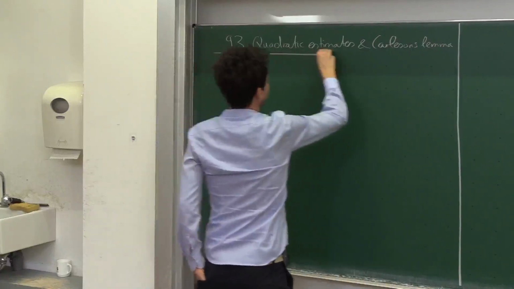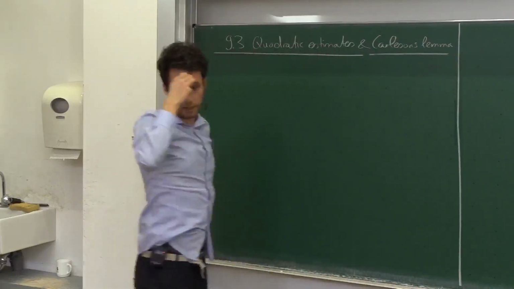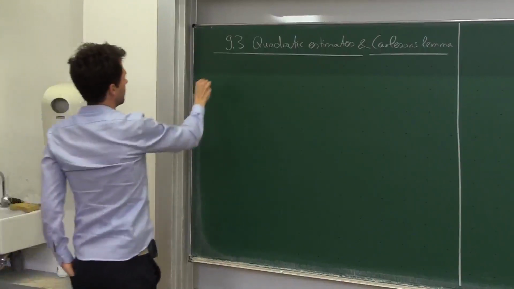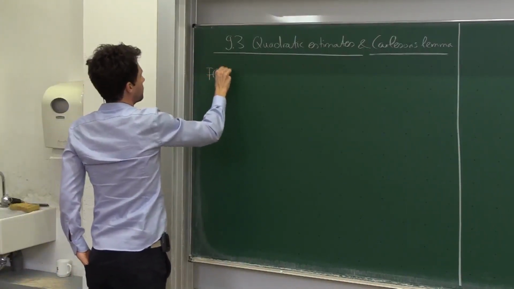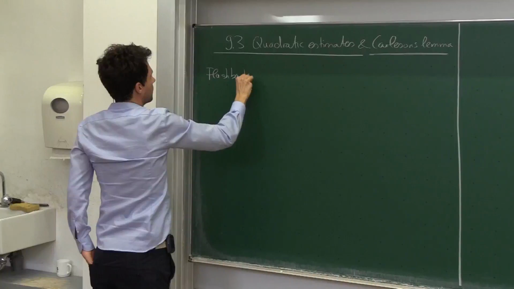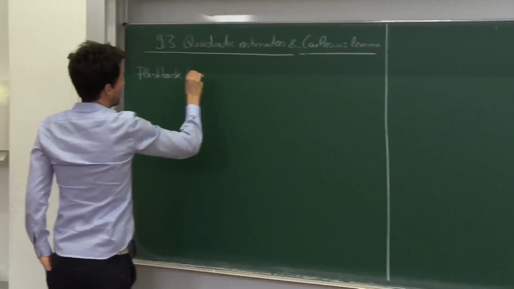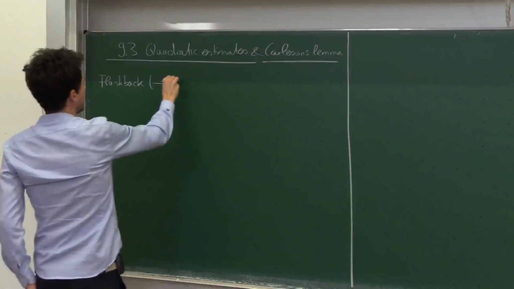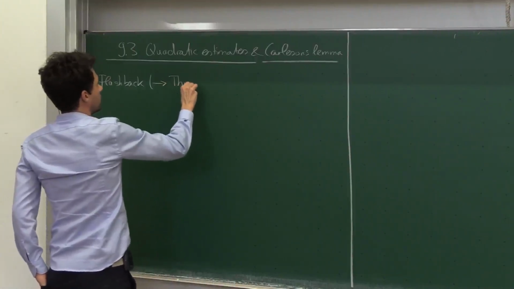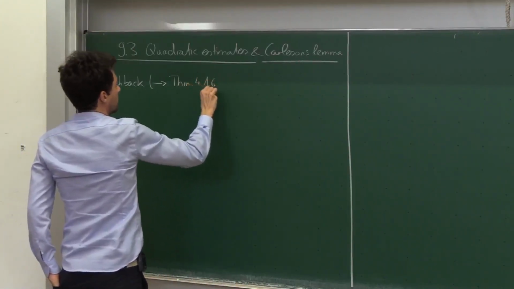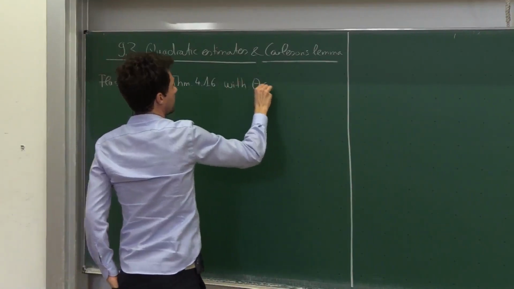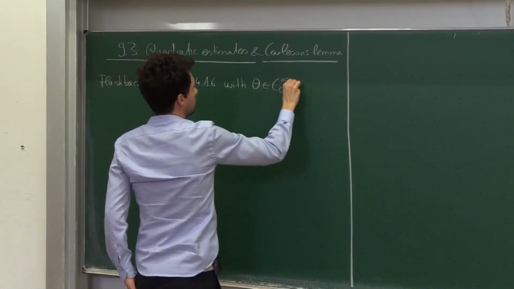All right. And so I look back to, well, it's another flashback. Flashback 2. I'm getting back to, now I have to remember the number, Theorem 4.16, say with theta a C_c infinity function.